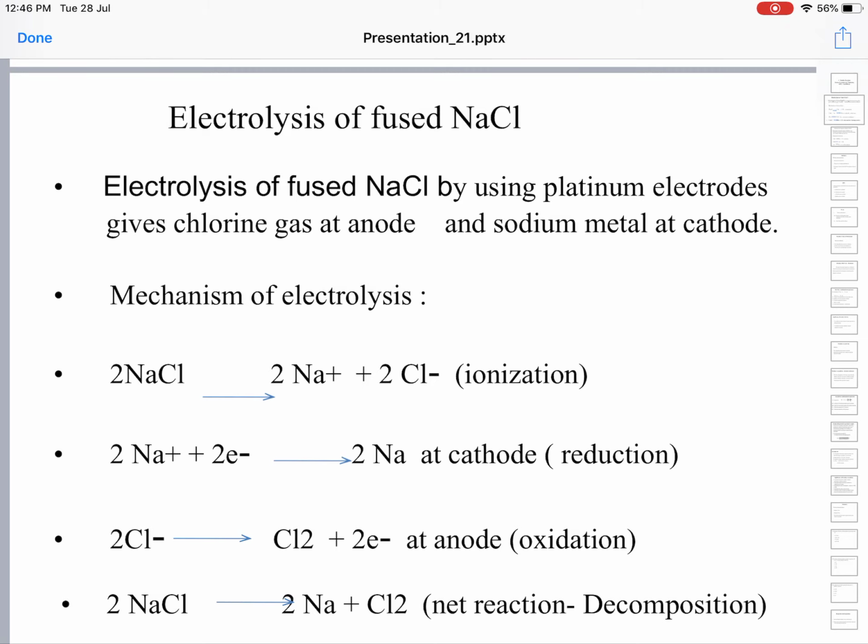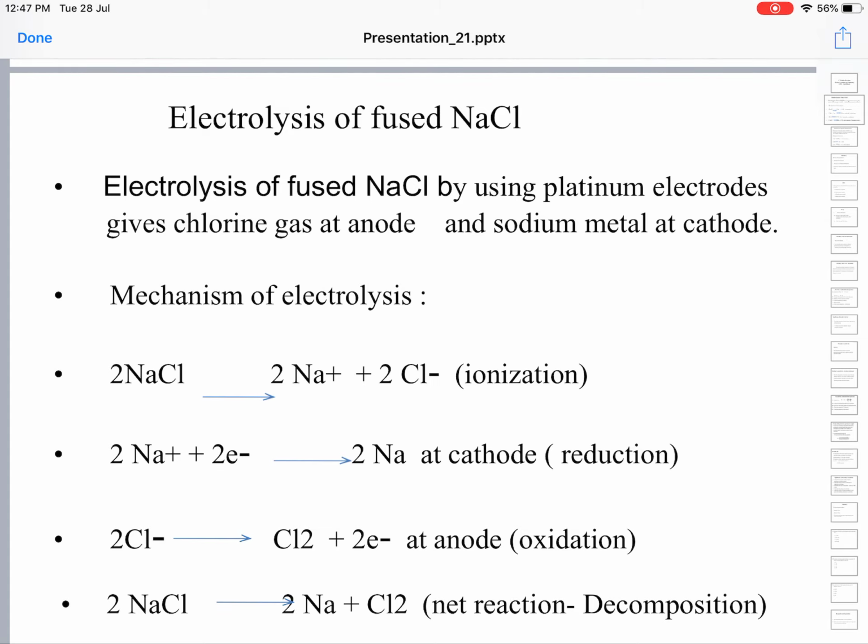To turn into chlorine element, Cl2 gas, it has to lose its electrons. So it moves towards the positive anode. There it gives up its electrons and turns into chlorine gas. So chlorine gas is evolved at the anode during the electrolysis of fused sodium chloride, whereas sodium metal is deposited at the cathode.